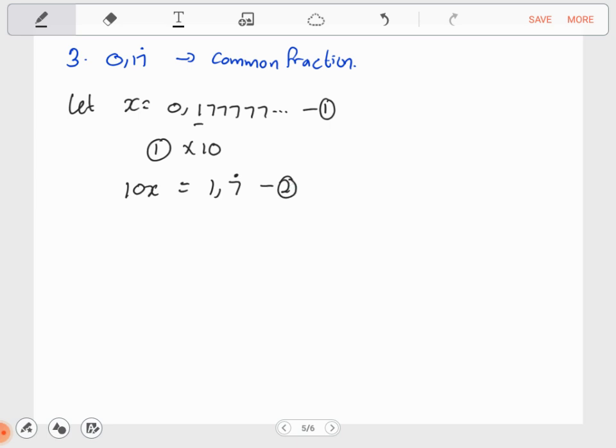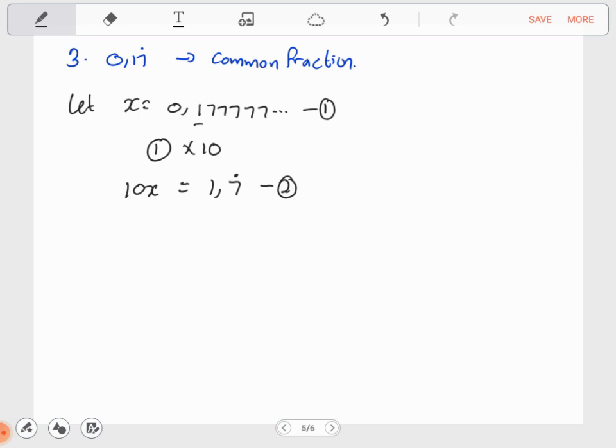Okay, next step, you're going to multiply such that one set of the recurring decimals moves to the left hand side. So I only have one recurring decimal, so I've got to just move 1 across. So to move 1 across, I'll multiply by 10. If you had two numbers that are recurring, like let's say 7, 3 recurring, then you're going to multiply that by 100 so that it moves twice and you get the 7 and the 3 across.